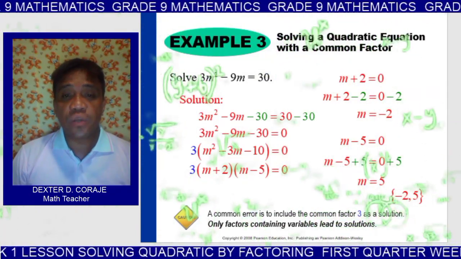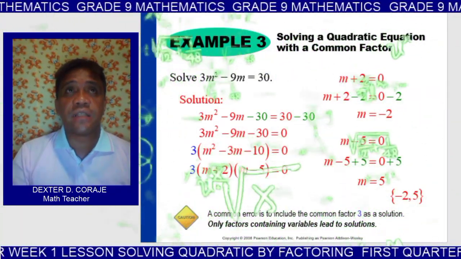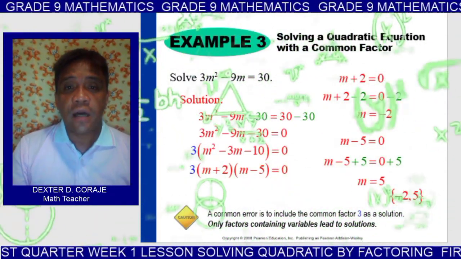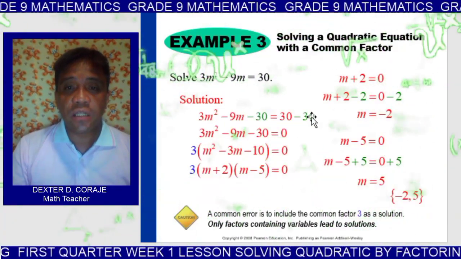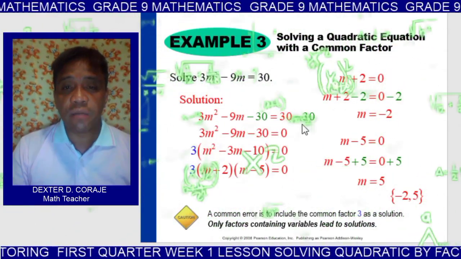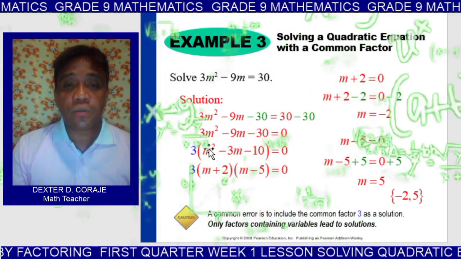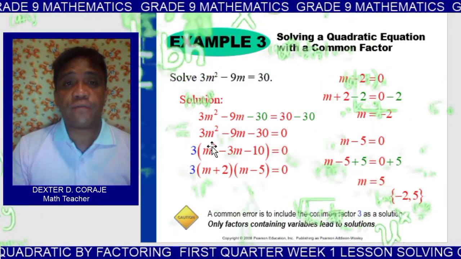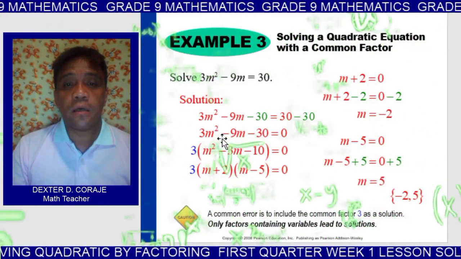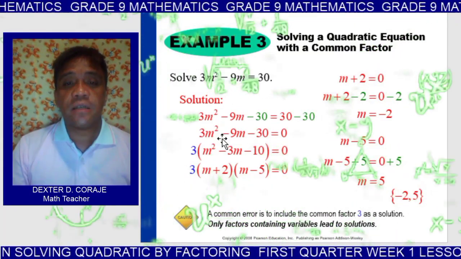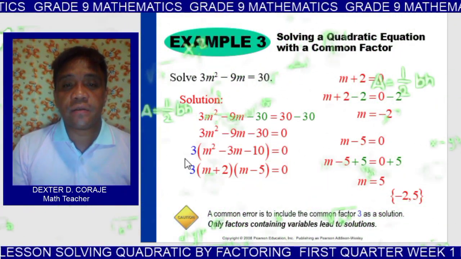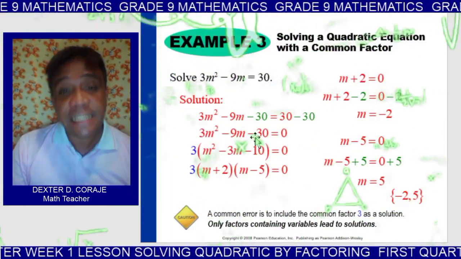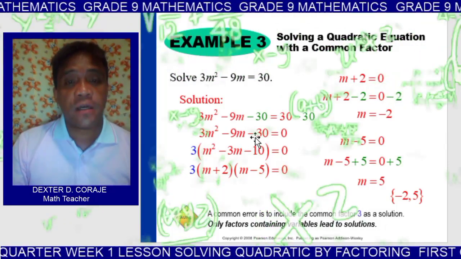Okay, the first thing that we should do is set the quadratic equation to standard form. So we add negative 30 to both sides to make the right side 0, because 30 minus 30 is 0. Then 3m squared minus 9m minus 30 is equal to 0. Since every term here has a common factor which is 3, get the common factor.